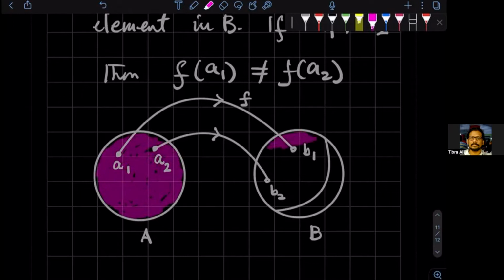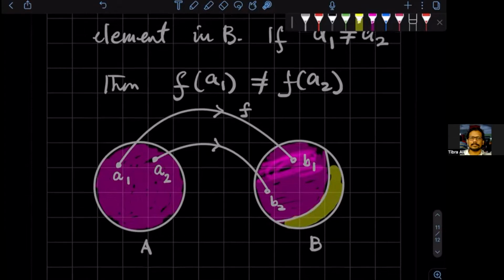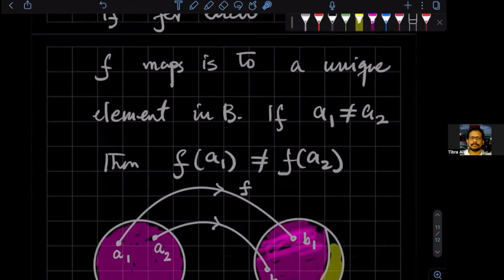It can be, but it's not needed. There could be elements in B that none of the elements in A map to. We don't care about that. So such a homomorphism is called one-to-one, and I think it's also called an injection. Correct me if I'm wrong.